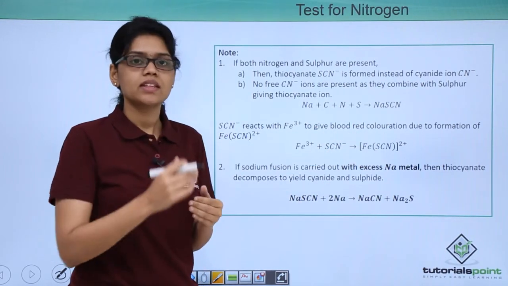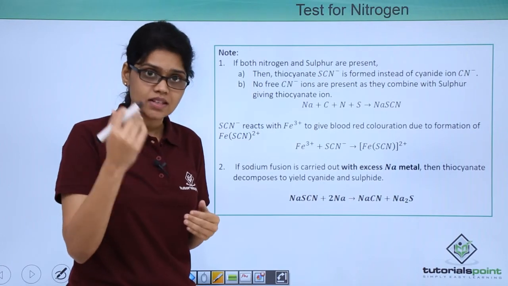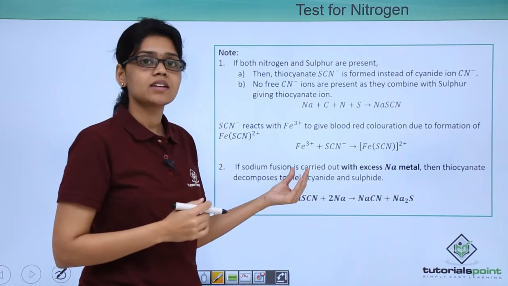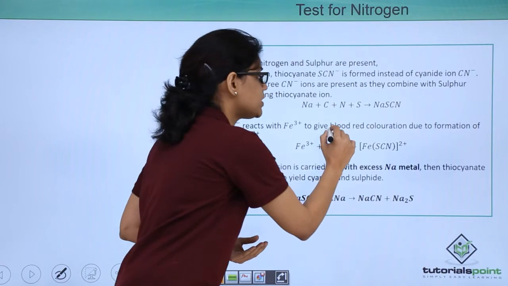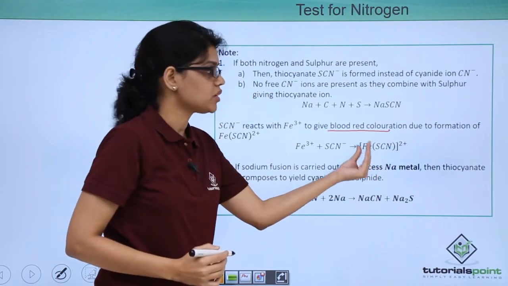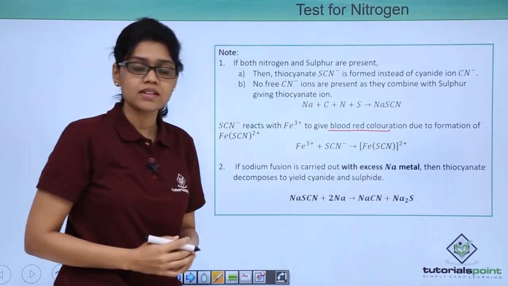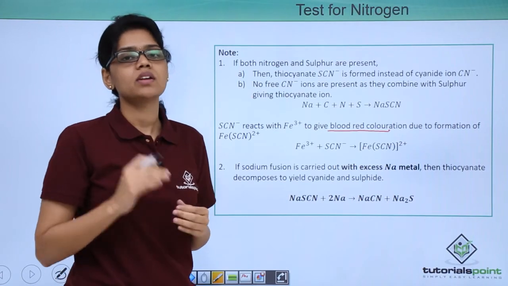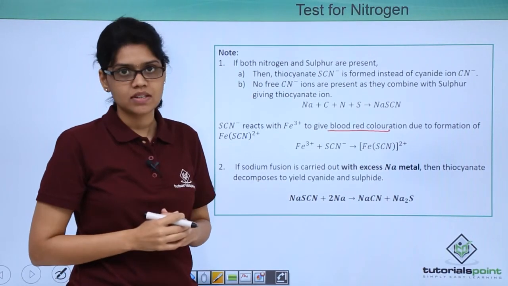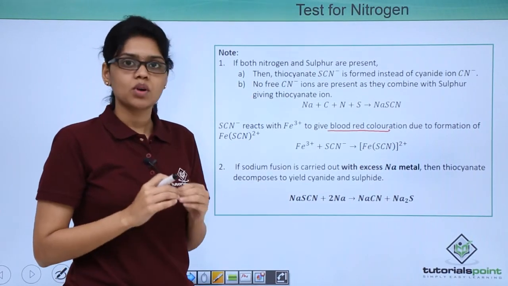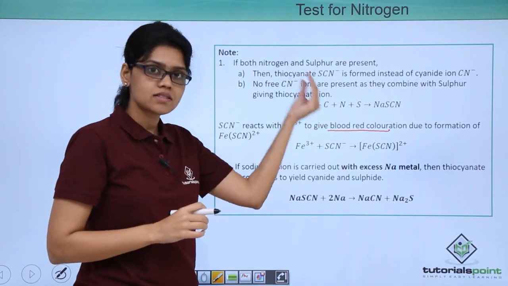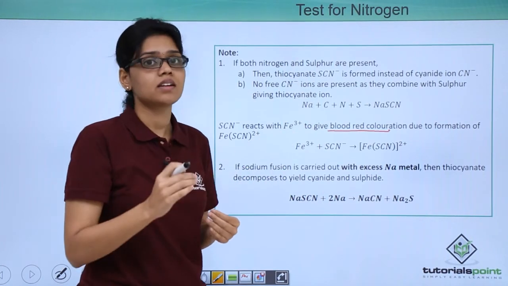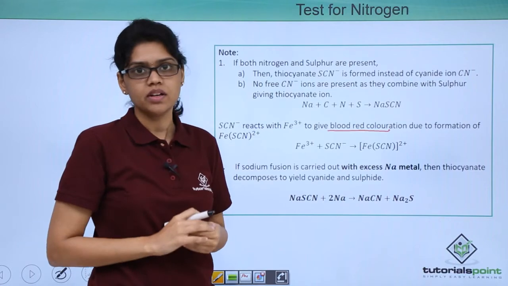Consequently, in the final step when we add FeCl3 solution, we get a blood red colored complex corresponding to [Fe(SCN)]2+ instead of the Prussian blue colored complex that we saw in the previous case. So note that we get a blood red colored complex and not a Prussian blue colored complex.